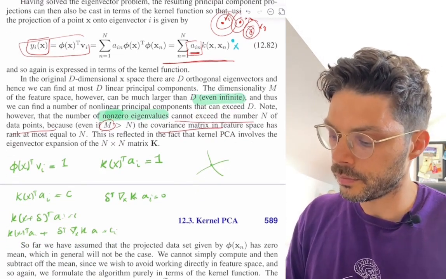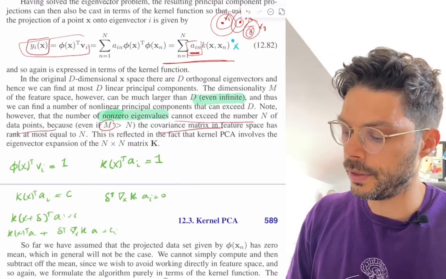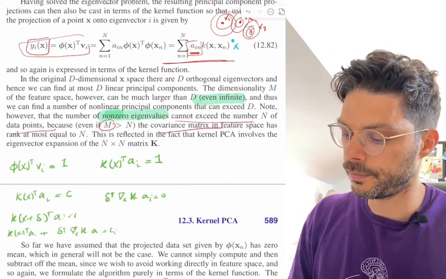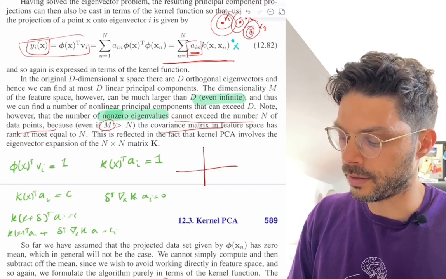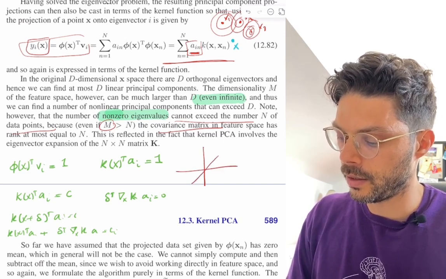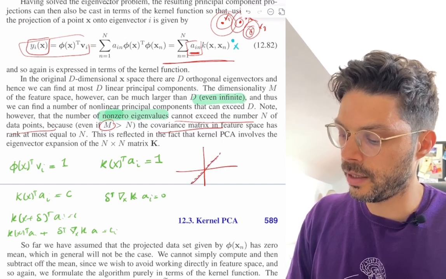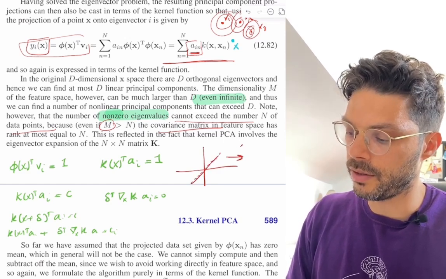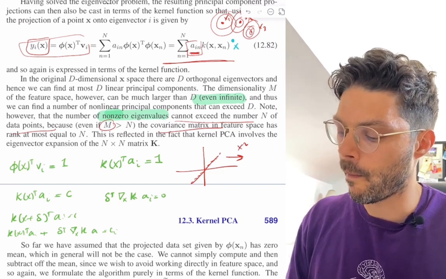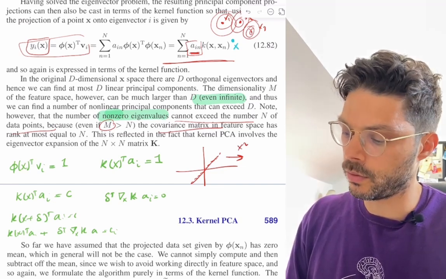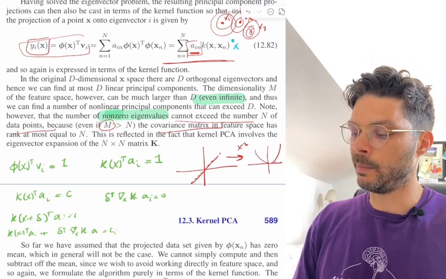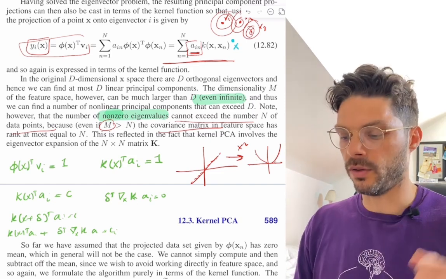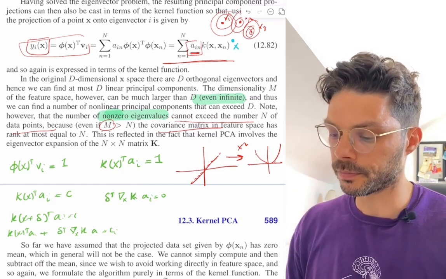Let's say I take some linear data that looks like it's falling along this line, and then I apply this squared projection, and it's now going to live in this two-dimensional space. So here, the dimensionality of the data has gone up.